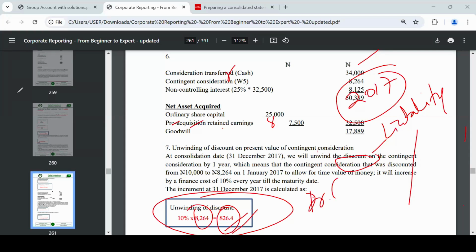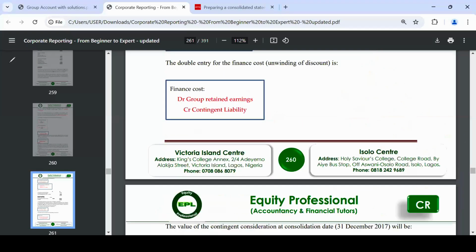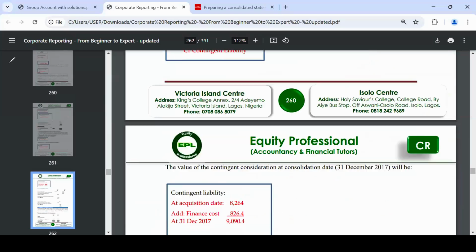So I would say debit group retained earnings. All right. And then I'll credit current liabilities. Okay. I'm sure that is what they were explaining there. Contingent liability, if you like, it's a finance cost.